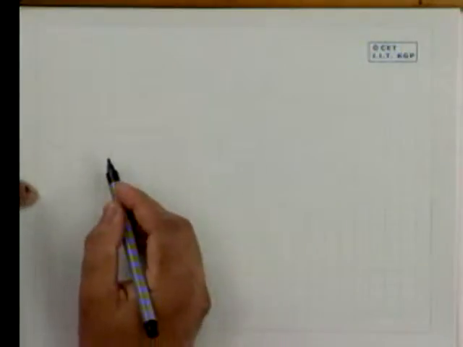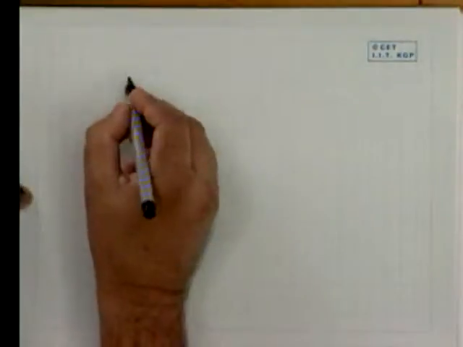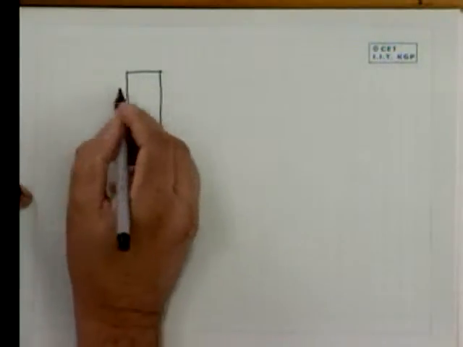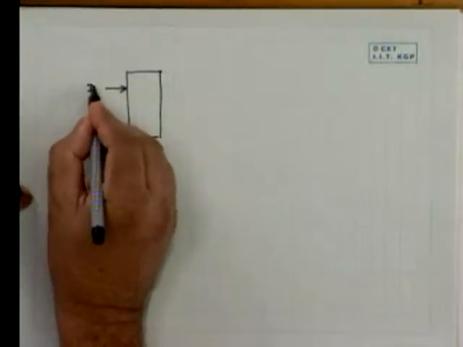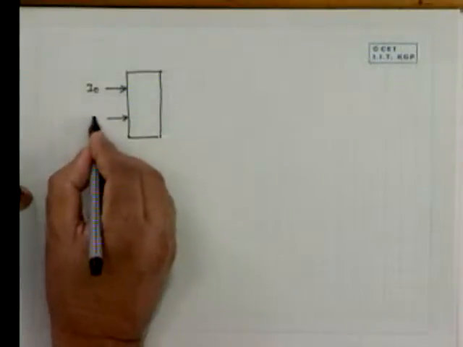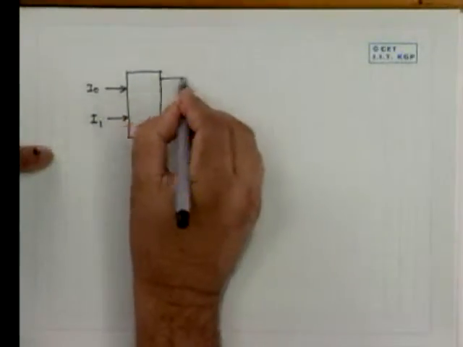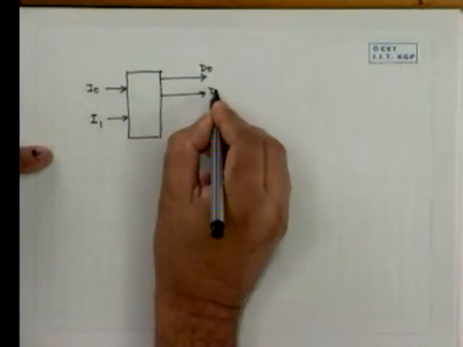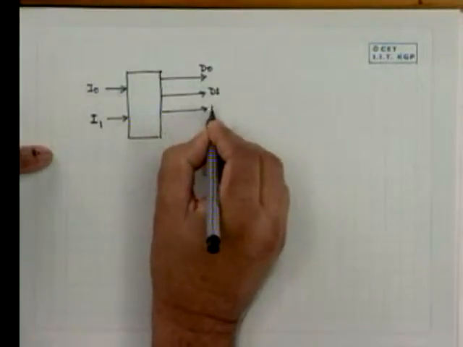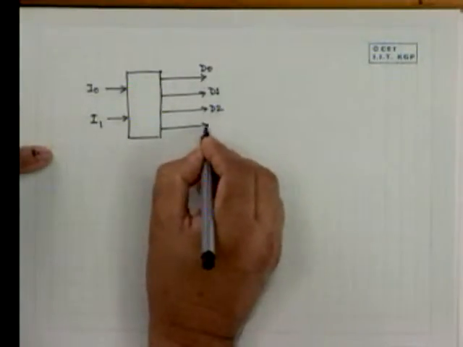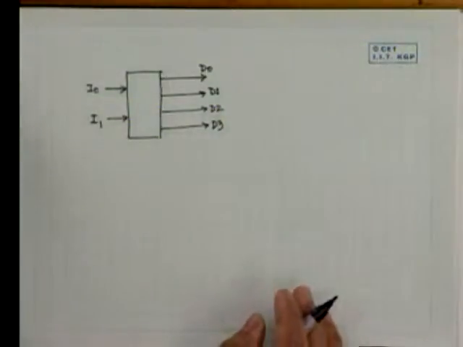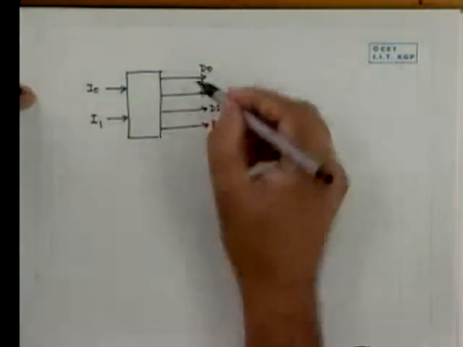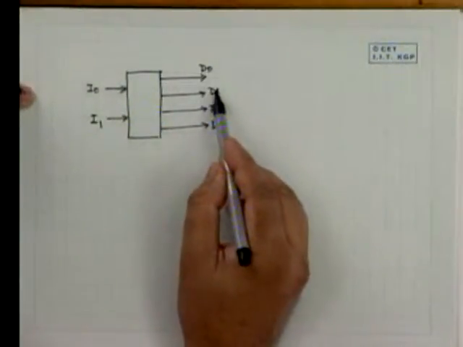Say we are talking about a 2 to 4 decoder, which means it will have 2 inputs, I0, I1, and there will be 4 outputs, D0, D1, D2, D3. Depending upon the combination of inputs I0 and I1, one of these output lines, D0, D1, D2 or D3, will be high.